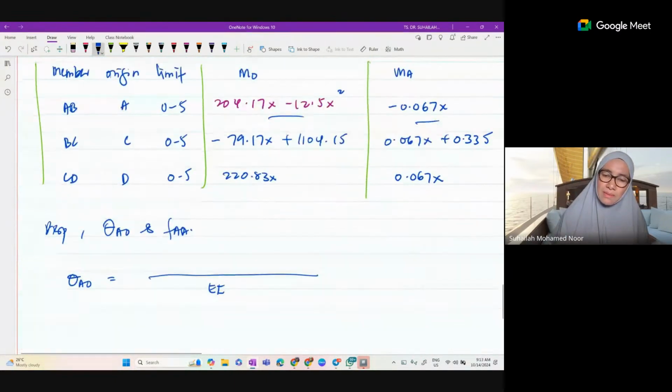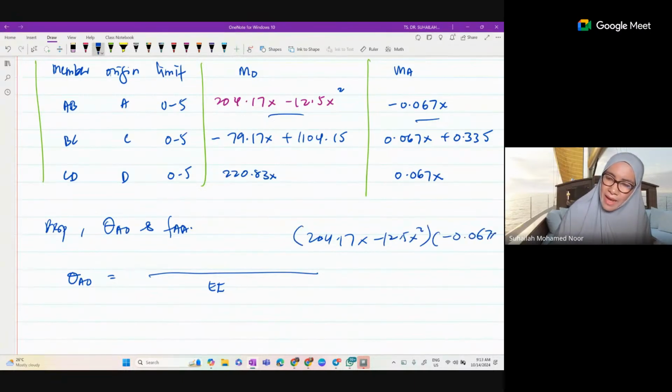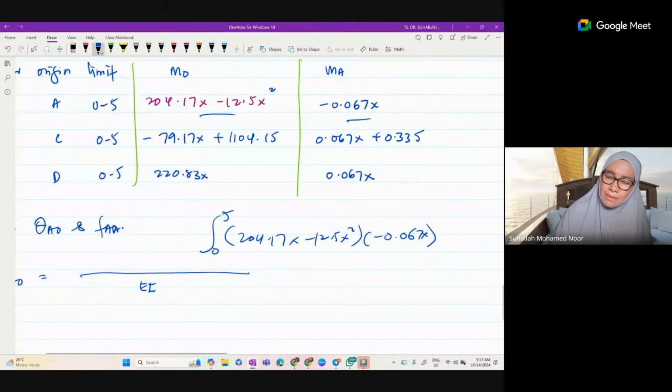Takkan nak kena tulis kot. 204.17x minus 12.5x squared dengan negatif 0.067x. Integrate 0 to 5. Berapa nilai ni? Berapa nilai ni?